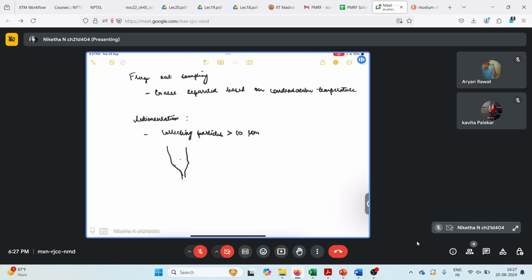Whatever particles are there, the heavier particles will be settled at the bottom, and it will come out. Sorry, that which is less than 10 microns will pass, and that which is slightly greater than 10 micron will be retained. So that can be collected, and the weight will be determined.